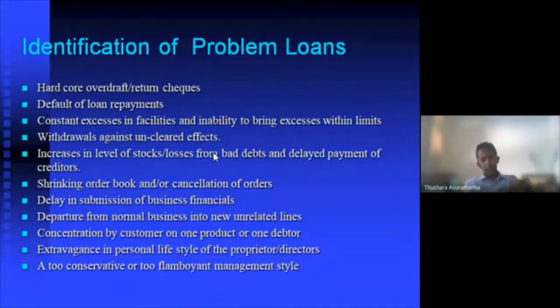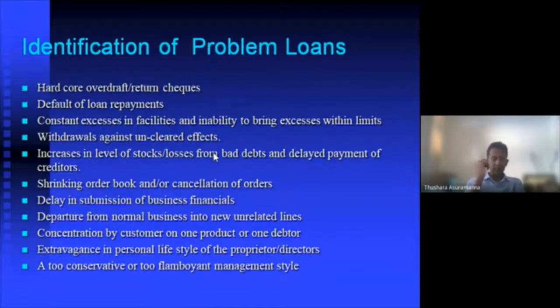Then extravagance in personal life, very important. Maybe a customer at the inception came to meet you on a motorbike, and later you see that it has escalated to some kind of a small van. And now you can see the client has moved to a bigger Jeep.